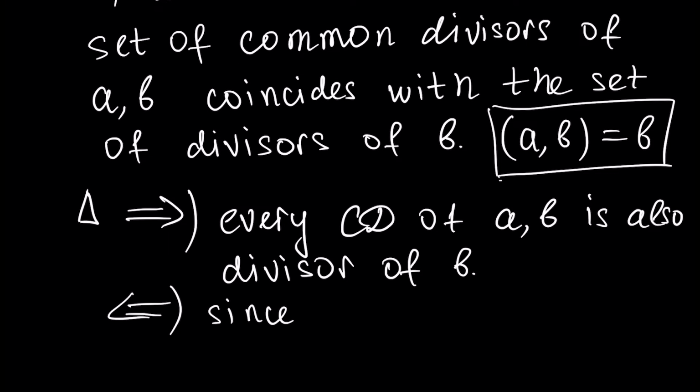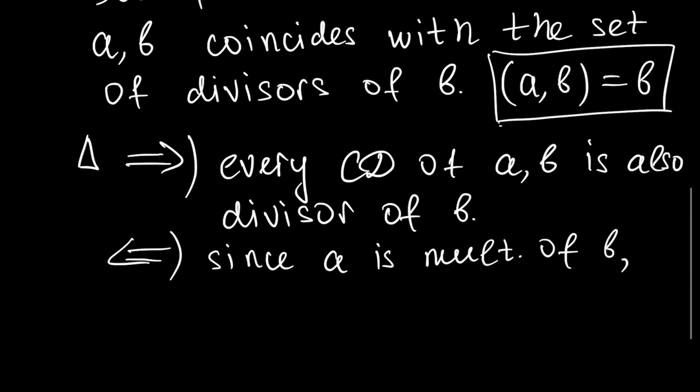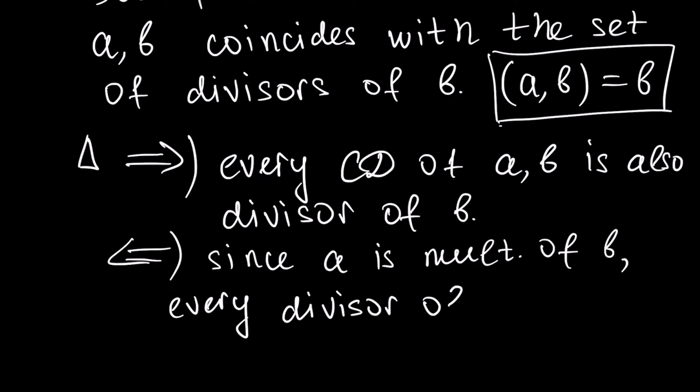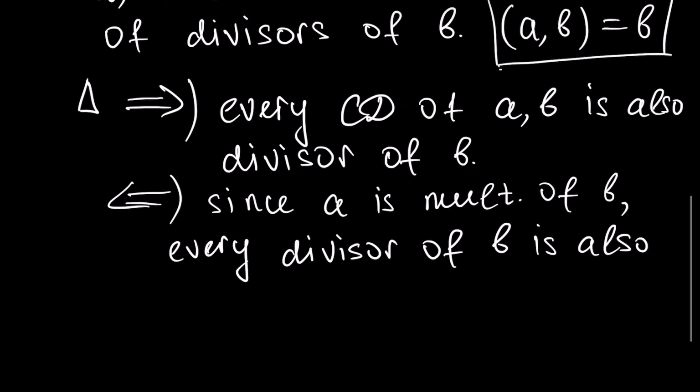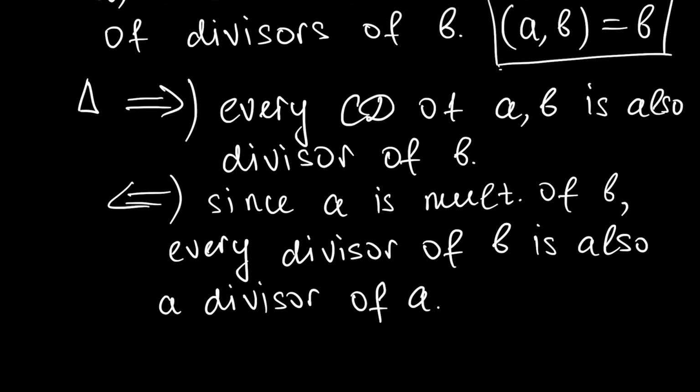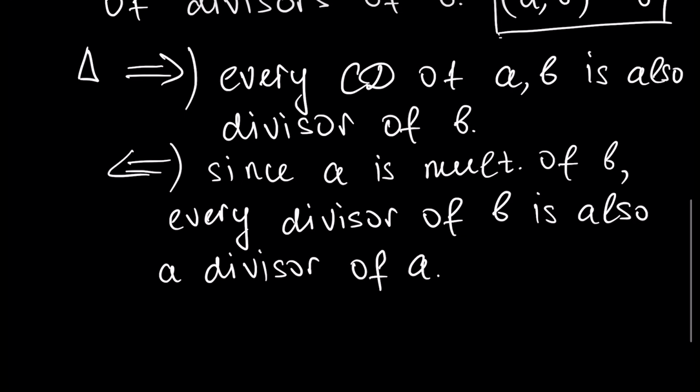And to the opposite side, also obviously, since A is a multiple of B, it follows that every divisor of B is a divisor of A. Once again, since A is a multiple of B, every divisor of B is also a divisor of A. This is obvious, and that's why this number is a common divisor of B and A. So it was the proof of our result.